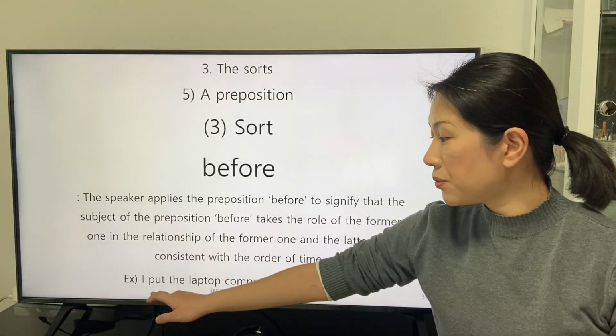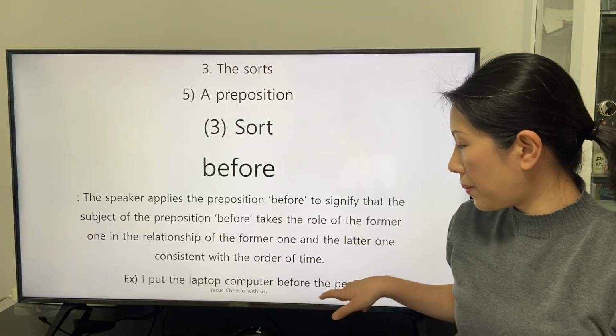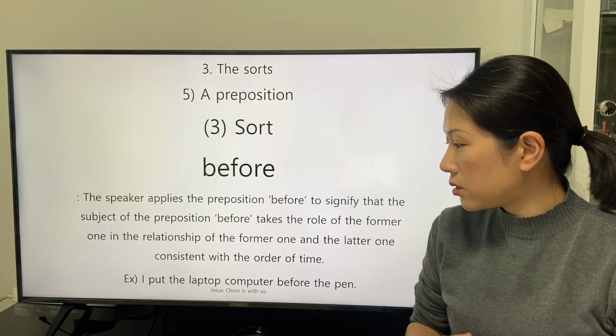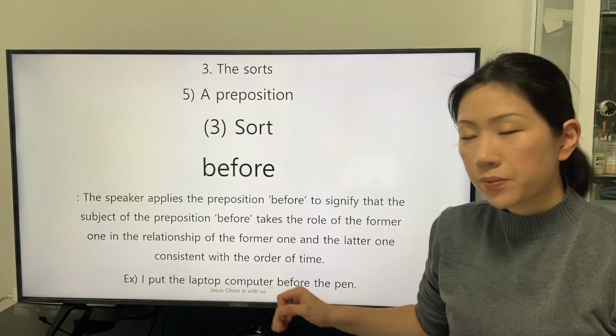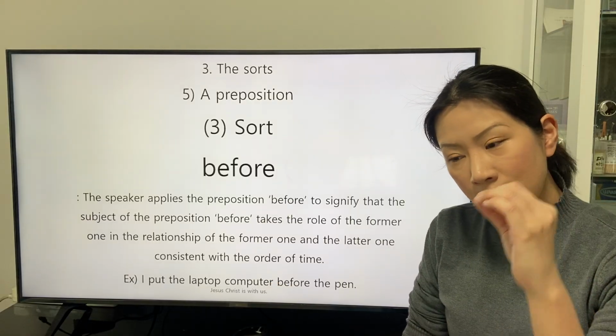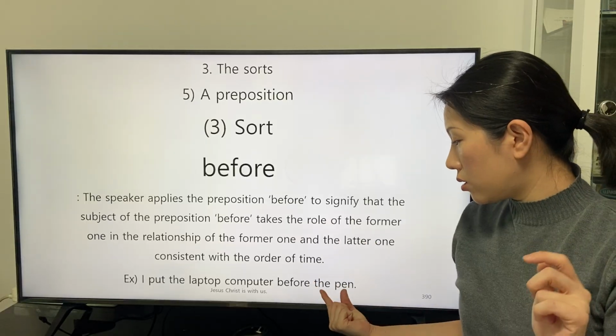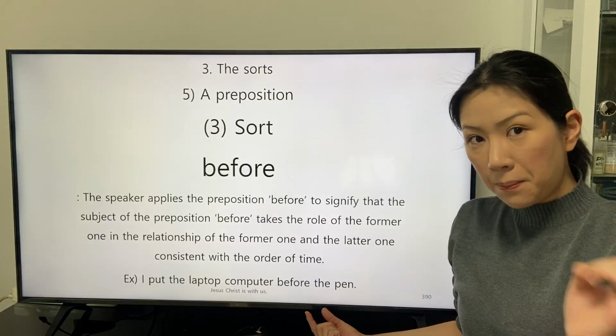There is a clause, I put the laptop computer before the pen. Then we can understand that the laptop computer exists ahead of the object, the pen.